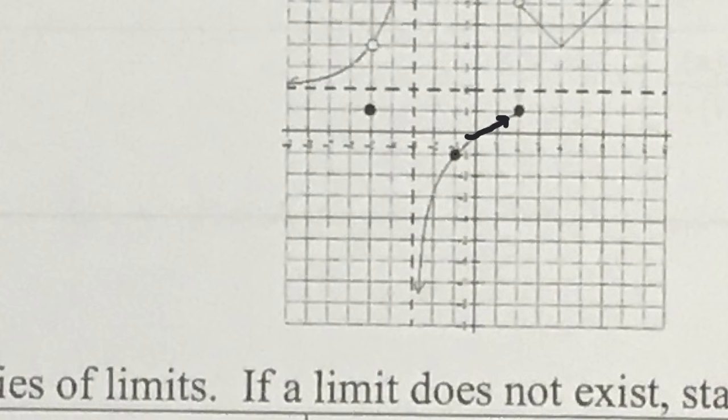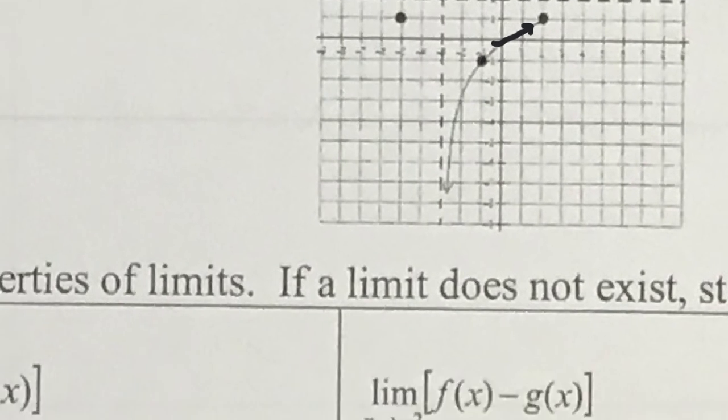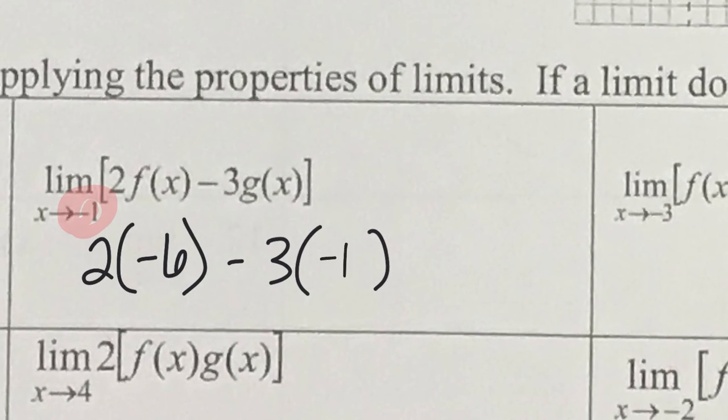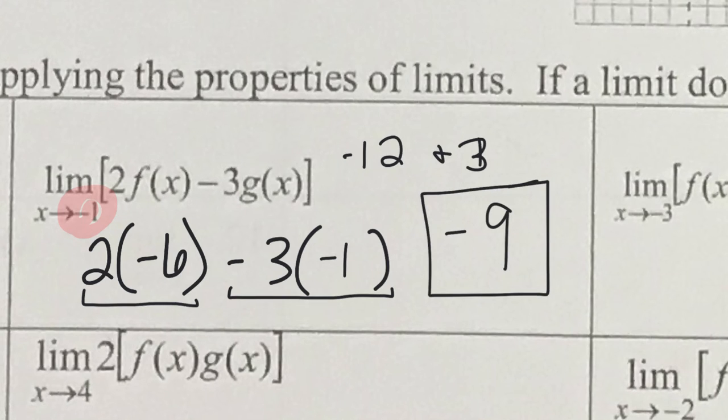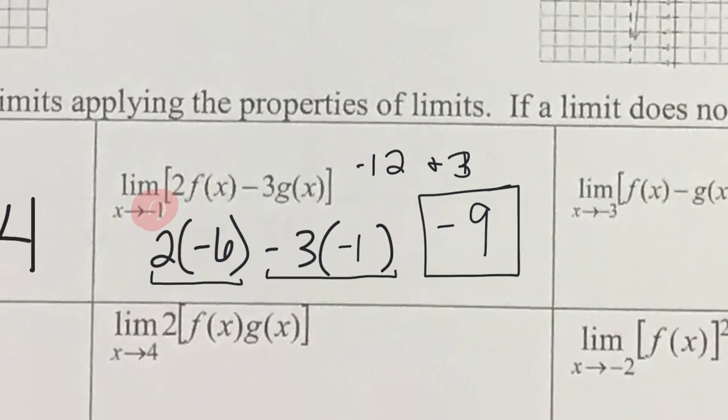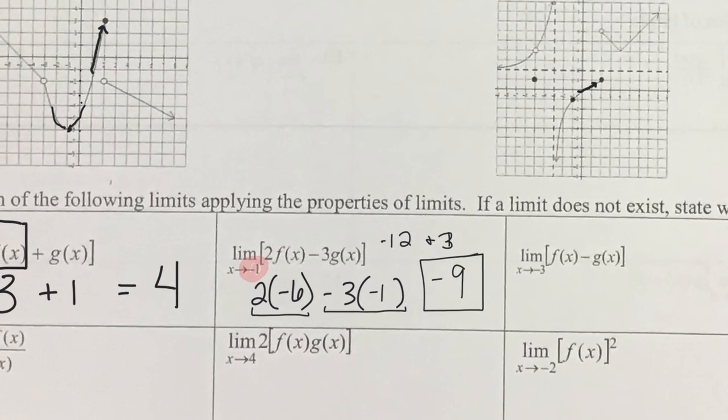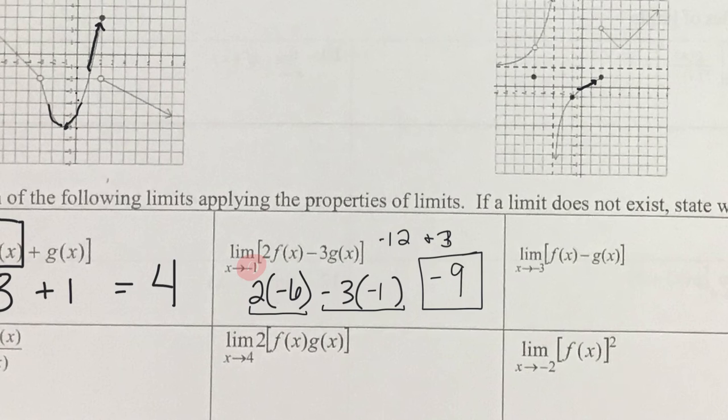It's negative 1 as well. The y value is negative 1. So 2 times negative 6 is negative 12. Negative 3 times negative 1 is plus 3. So negative 12 plus 3 is negative 9. Okay, so if we're given a graph, we get the y value of the limits from the graph itself. Okay, and then we apply the properties that we need to apply.